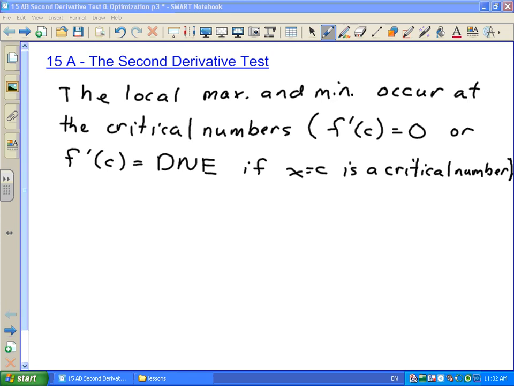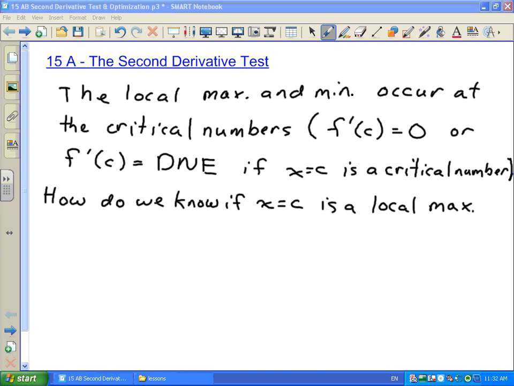And then we had to ask ourselves, how do we know if this point, x equals c, is a local max, local minimum, or neither?